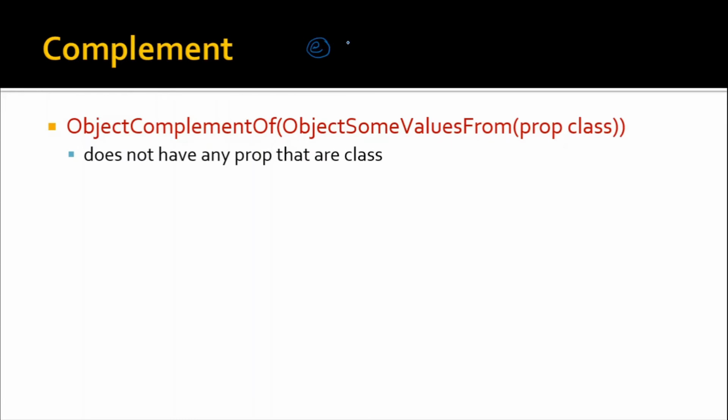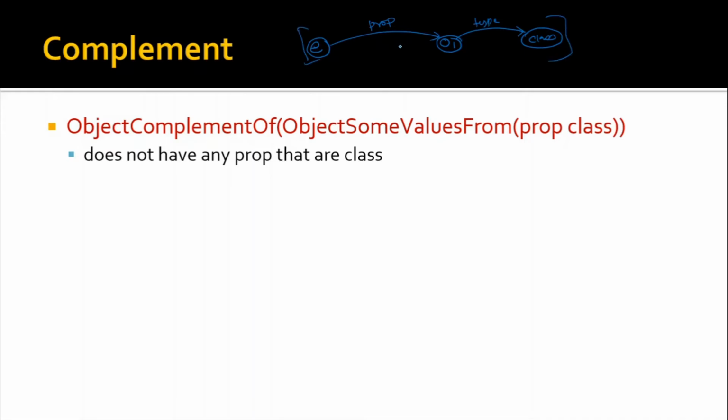And E has one property prop, say O1, right? And O1 is a type of say class, and we are saying this is not happening.